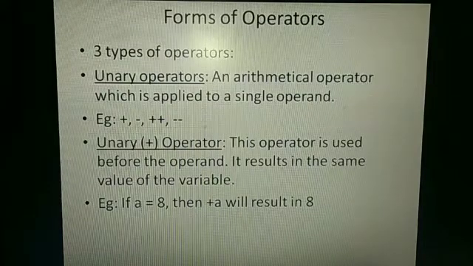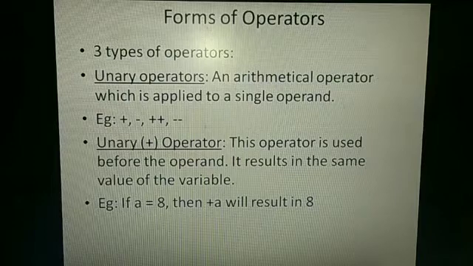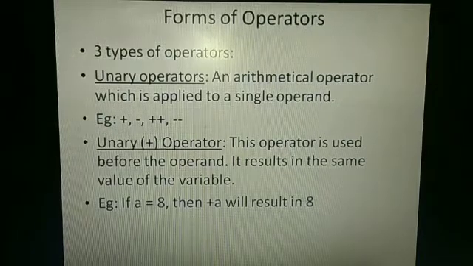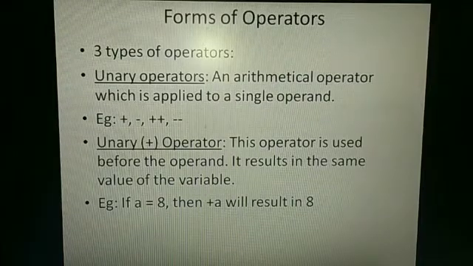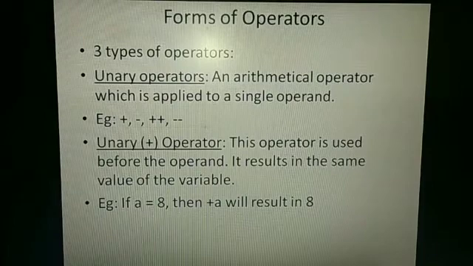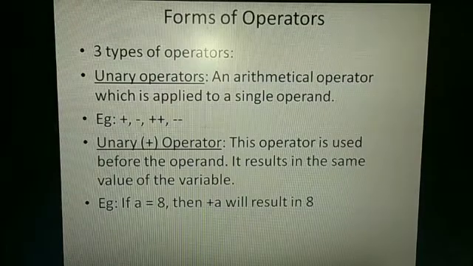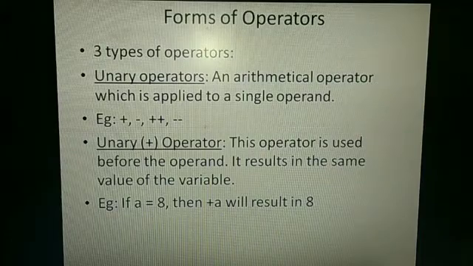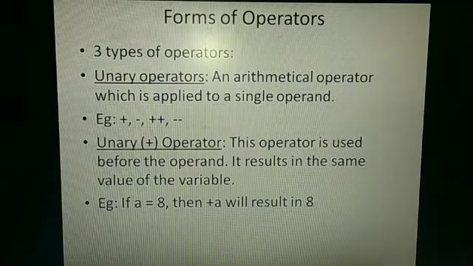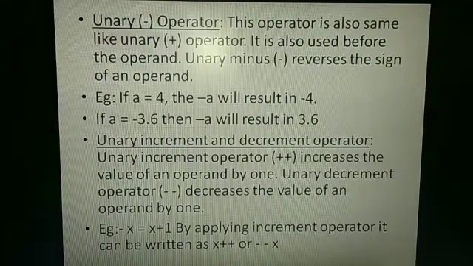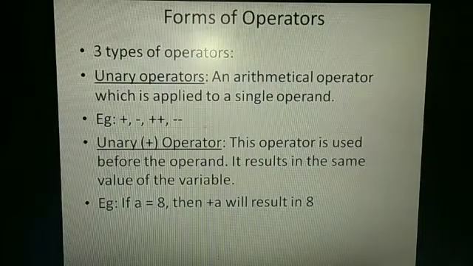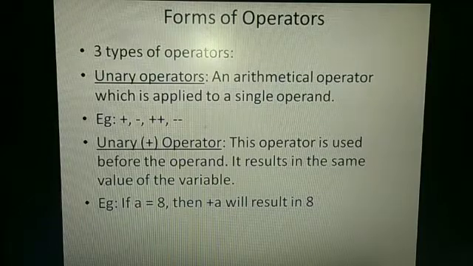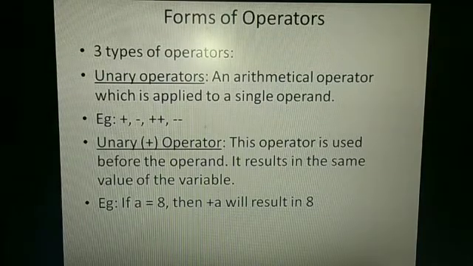This you are supposed to understand properly, wherein prefix and postfix confuse most of the students. Forms of operator: there are three types of operators, the unary operator, that is unary plus, unary minus and unary increment and decrement operator.